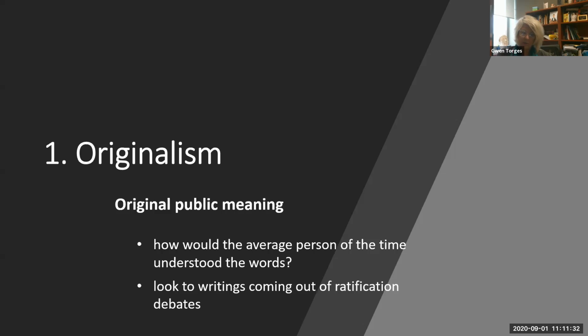In order for it to be ratified or become the actual Constitution, 9 of the 13 states had to have debates. They would choose people to go and talk about it, and then those people at this little ratifying convention would vote, and if a majority of them voted yes, then that state was considered to have ratified it.